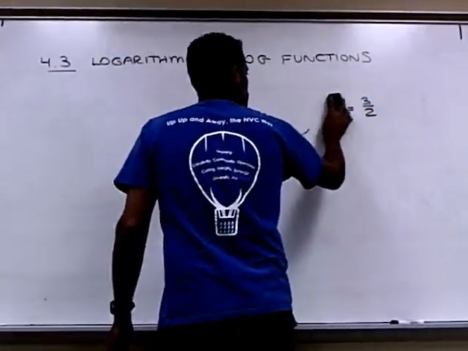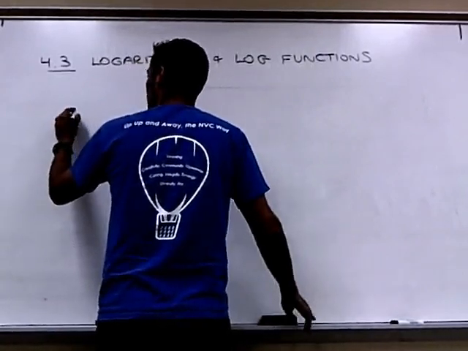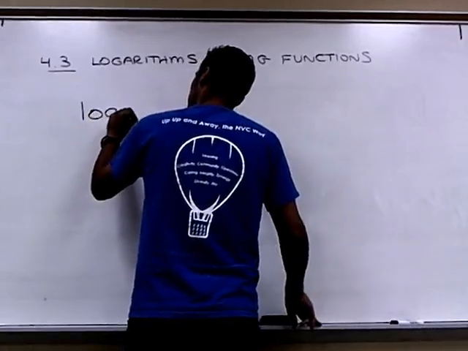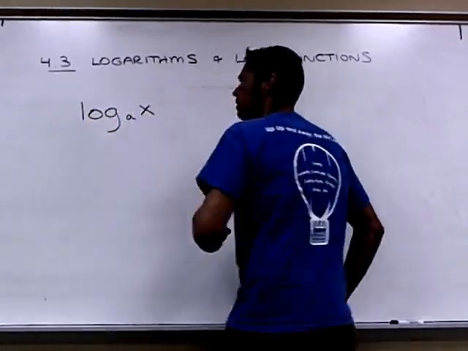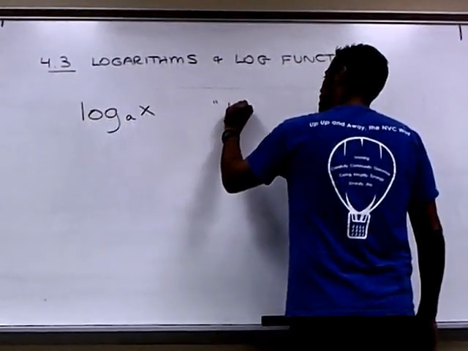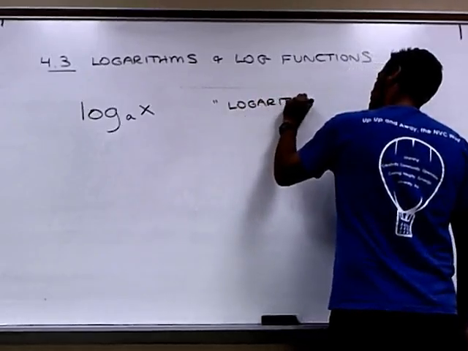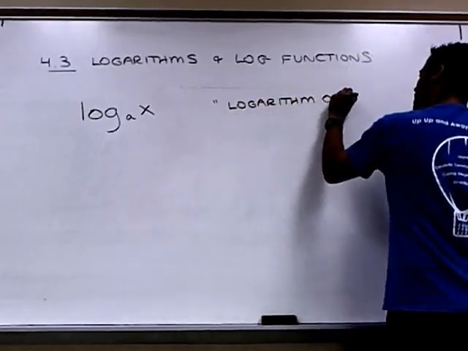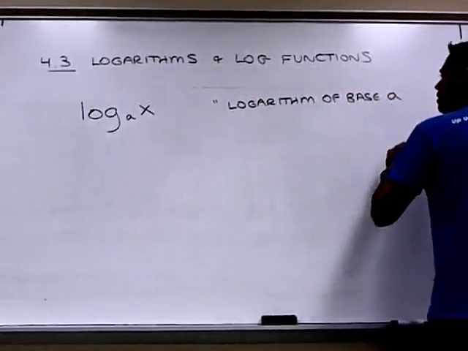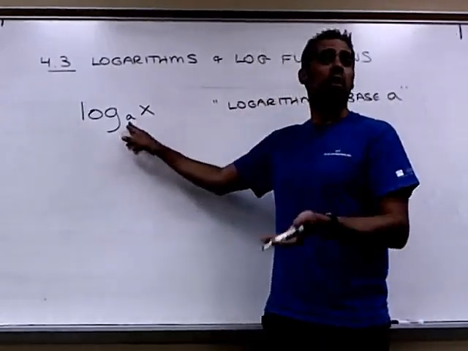Let's get some wording down. If you write log with a little subscript like this, then what that is, it's a logarithm of base A. Okay, it's logarithm base A. So this A down here, we call the base of the logarithm.